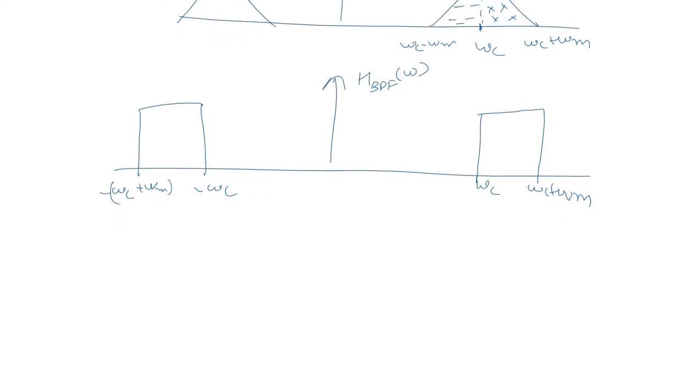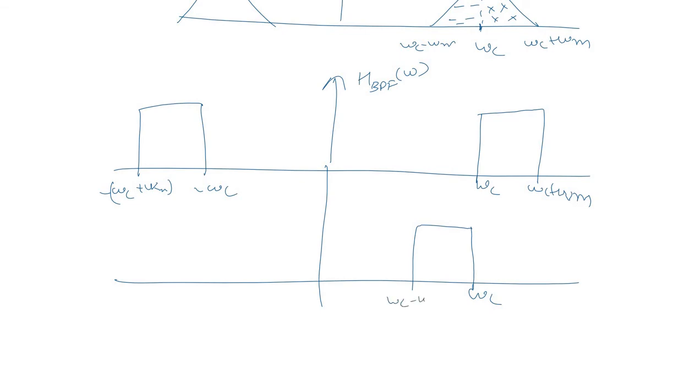Or the passband can be something like this: omega c minus omega m. We may use any of the passbands depending on the sideband that we wish to retain or suppress.